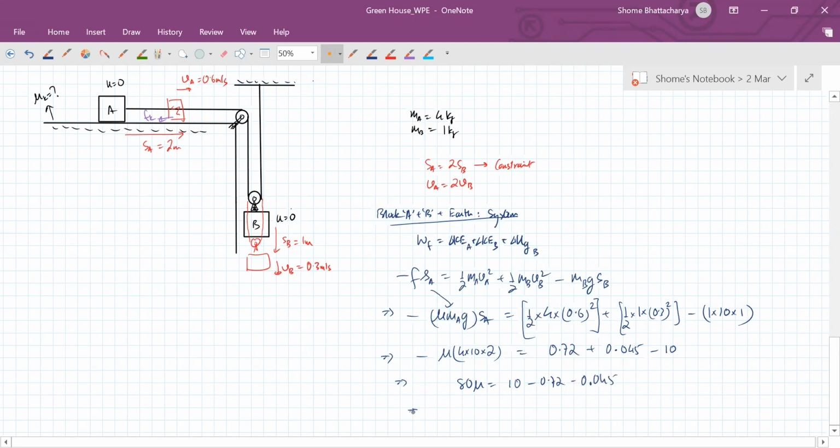So from this we'll get the value of the coefficient of kinetic friction. Okay. So this is how we can approach this question using work energy.